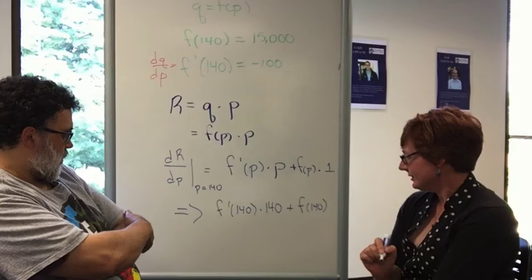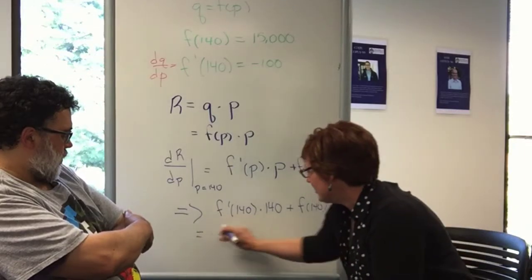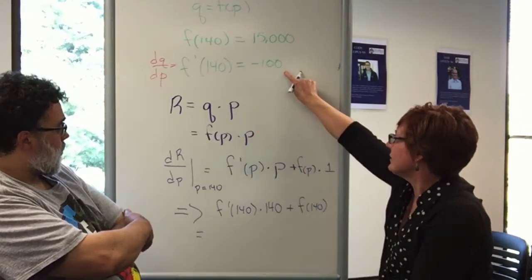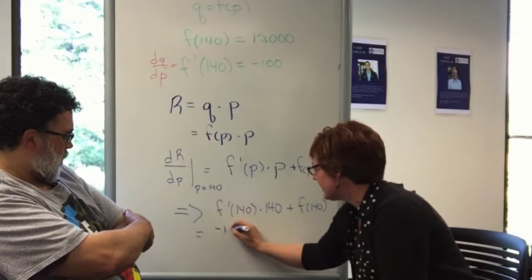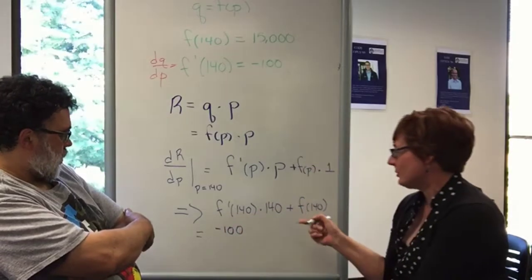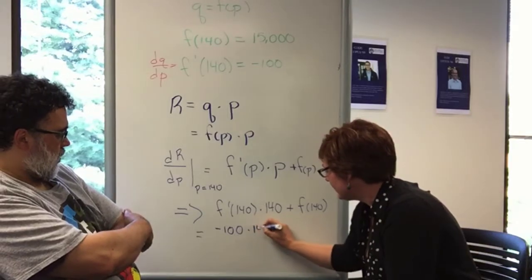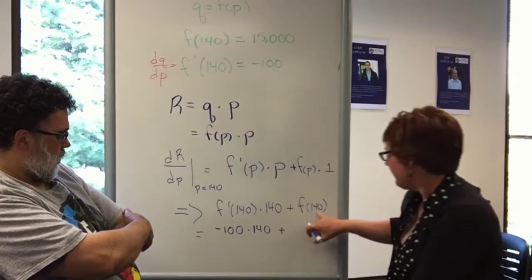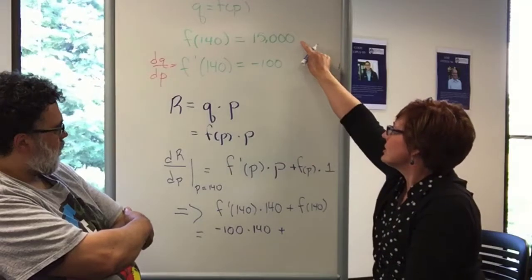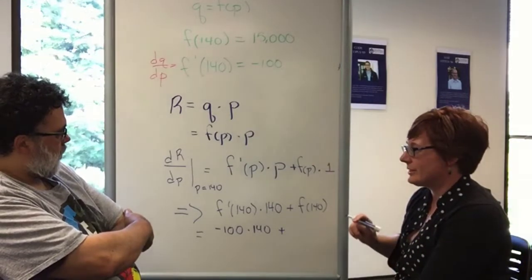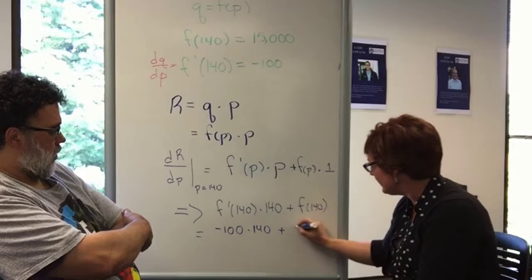It's actually really challenging sitting down and writing like this. Now, f prime of 140, luckily I know is negative 100, because that's my rate of change of the quantity sold with respect to price. And I'm going to multiply that by 140. And then f of 140 is just the number of skateboards sold when the price is $140. So that's 15,000.